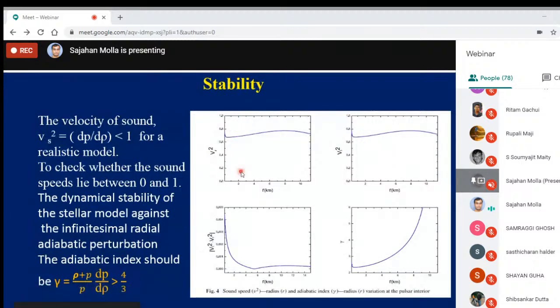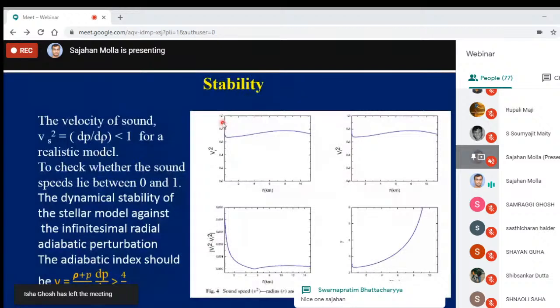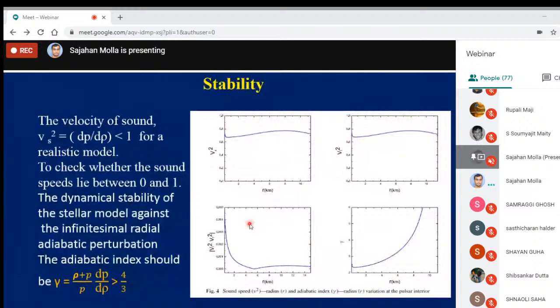We have plotted it here, and we see that the radial velocity is less than 1, and the transverse velocity is also less than 1. Since we have taken an anisotropic model here, for a stable region the magnitude of the velocity square difference should also be less than 1.